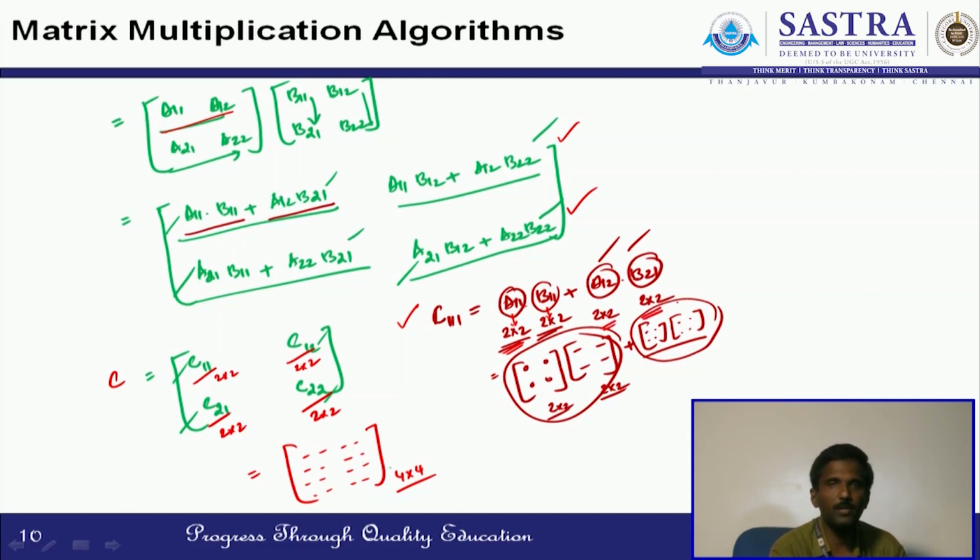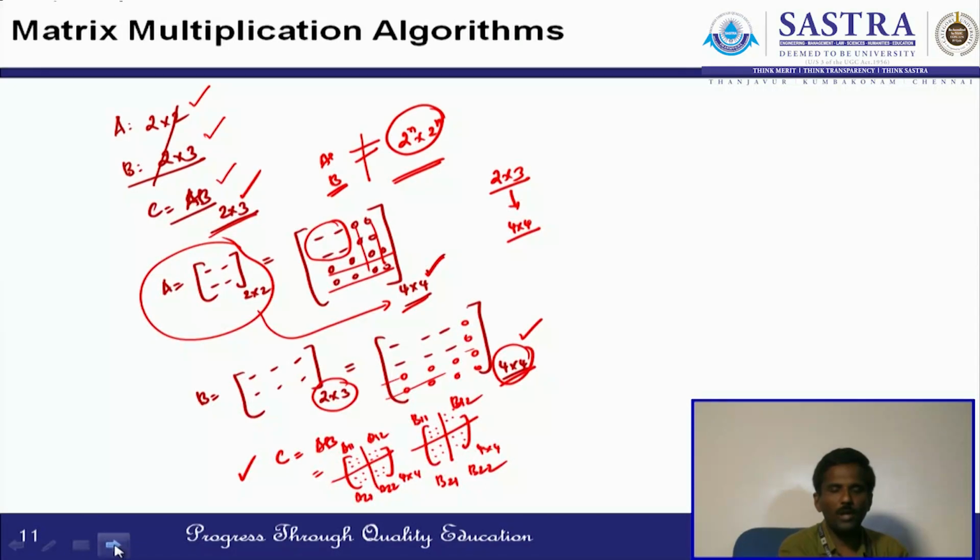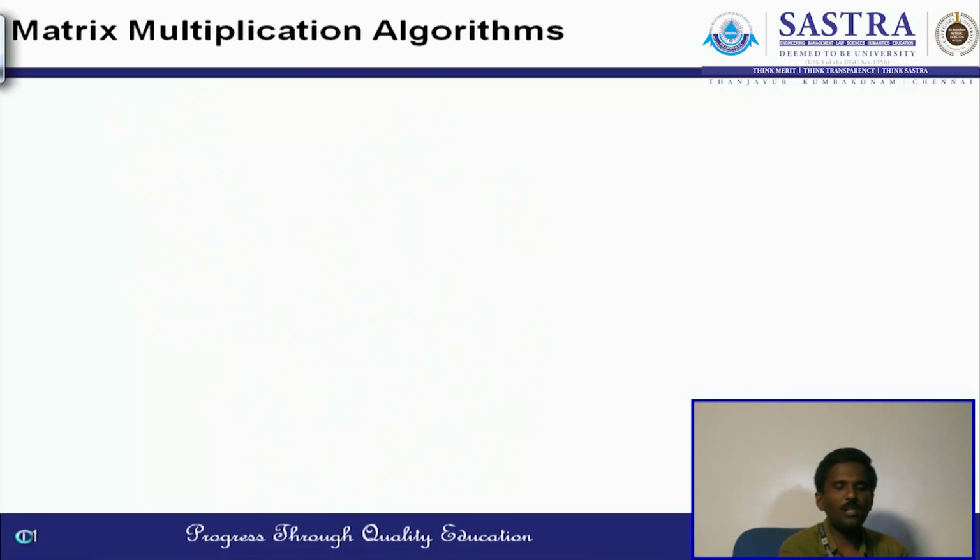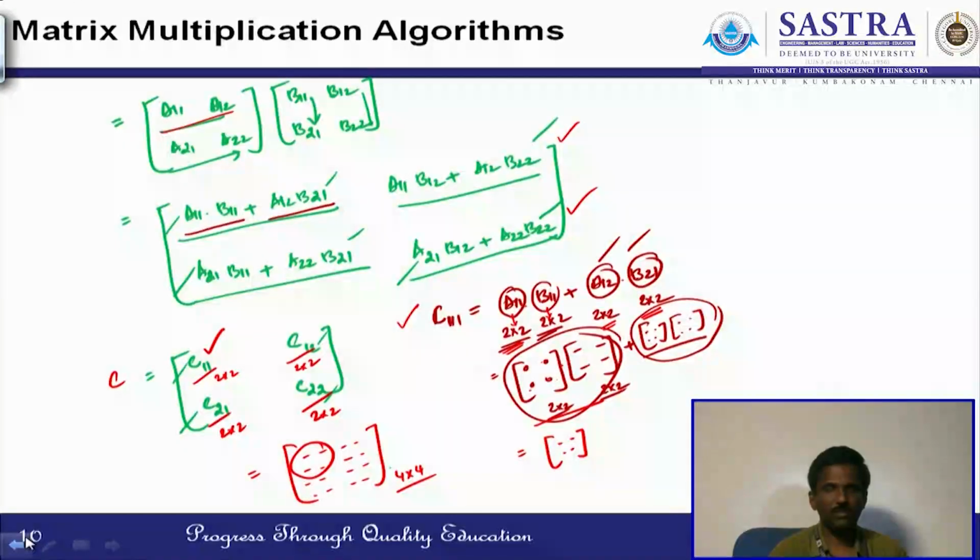Now to find the product of these two matrices of 2 by 2 orders, we can apply the conventional matrix multiplication, so that the resultant matrix is of order 2 by 2. That is this one. This is C11. So in this representation, C11 is actually a 2 by 2 matrix, not a 1 by 1 matrix.